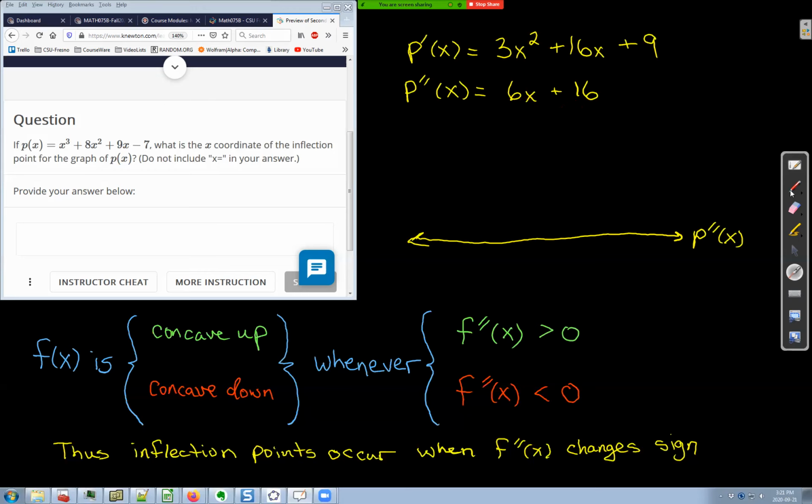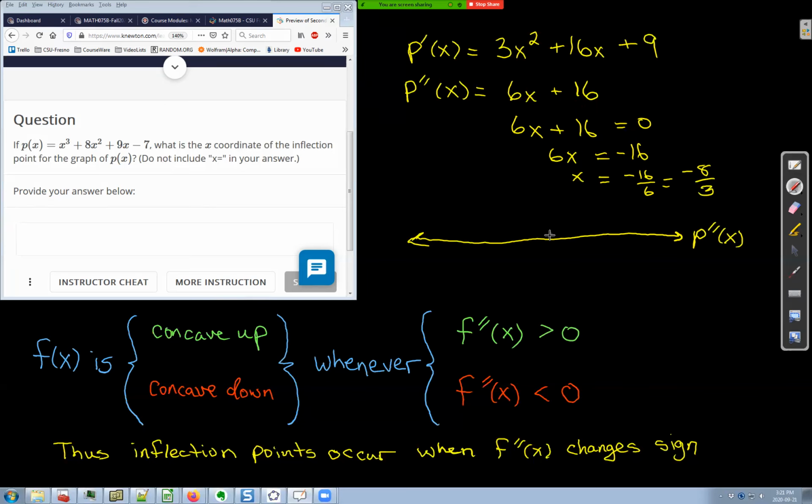So let's find where this is equal to 0. 6x plus 16 is equal to 0. That means that 6x is equal to negative 16, and so x is equal to negative 16 over 6, which is the same as negative 8 over 3.